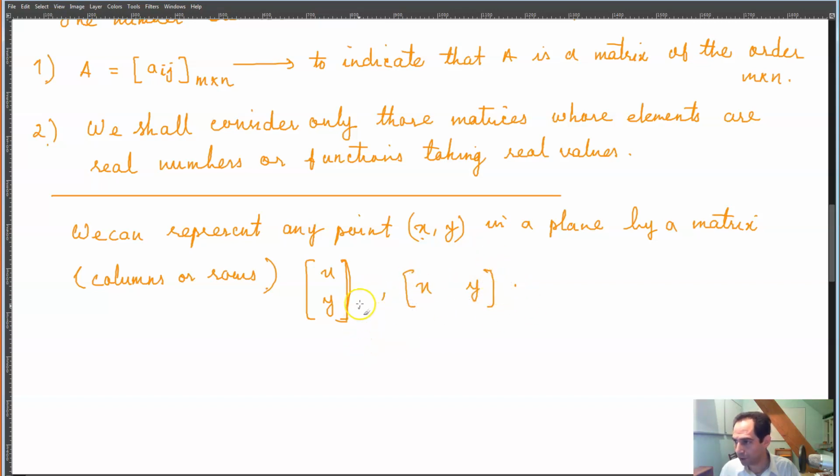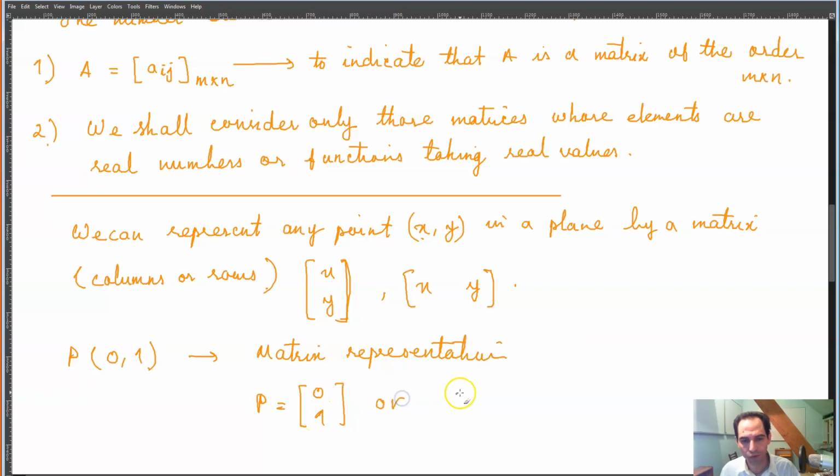So for example, if you have the point 0 comma 1, as a matrix representation you would represent this as P is equal to either 0, 1, or you would represent it as 0, 1, this way or this way.